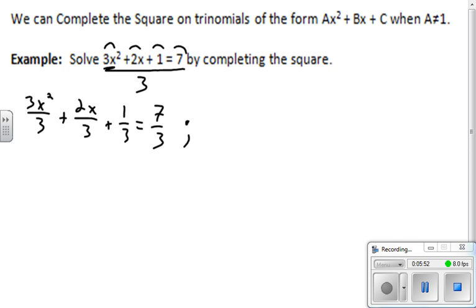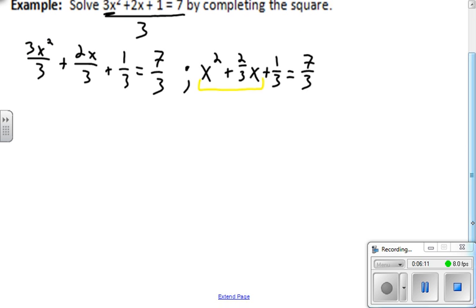Now solving this out, 3x squared over 3 just leaves us with x squared plus 2/3 x plus 1/3 equals 7/3. Now from here, this is where we go right back into solving by completing the square, which we've gotten pretty good at.